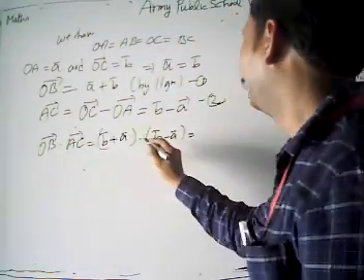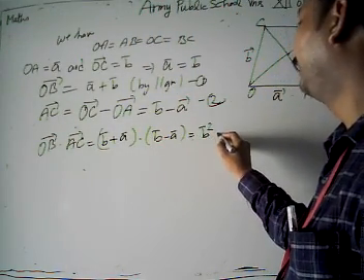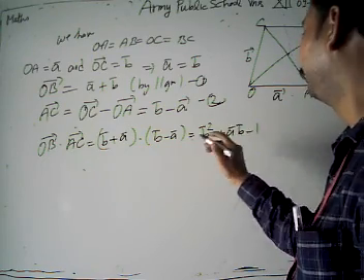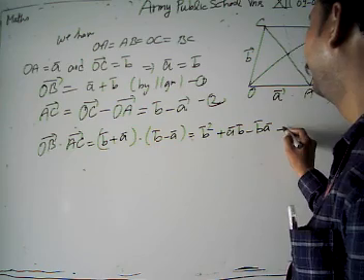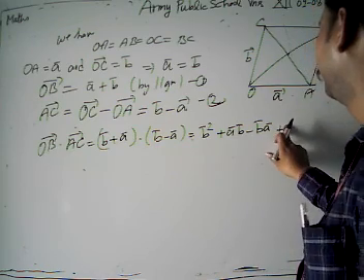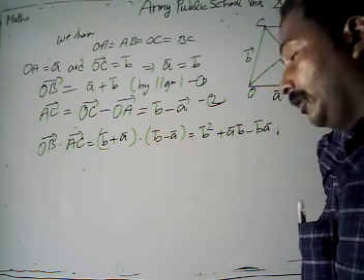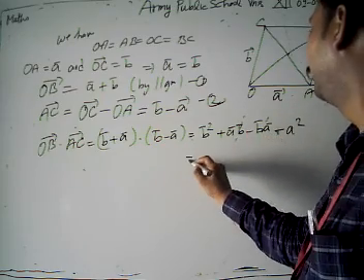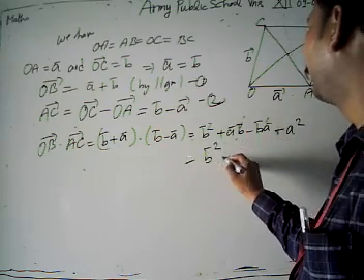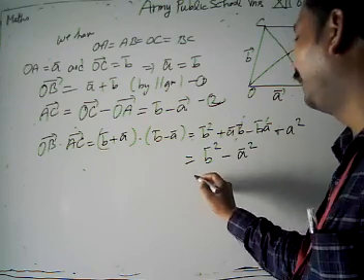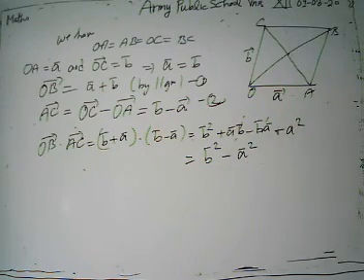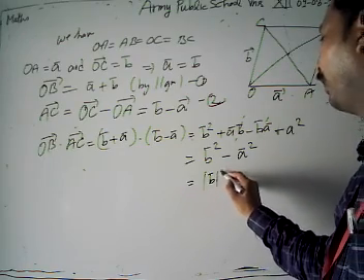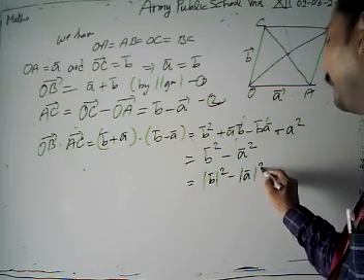Then we have vector B square plus AB minus BA minus A square. Now the middle terms cancel each other. Then we have B square minus A square, which we can write as the modulus of B squared minus the modulus of A squared. Why?